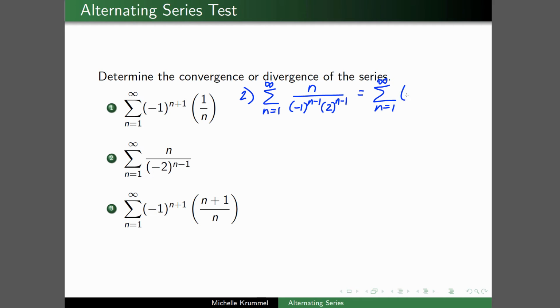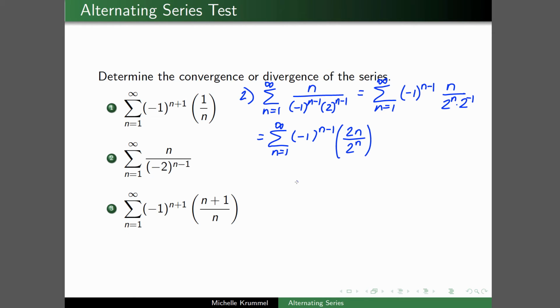And that's the same as -1 to the n minus 1 times n over 2 to the n times 2 to the -1, which is the same as -1 to the n minus 1 times 2n over 2 to the n. This is an alternating series. My a sub n is 2n divided by 2 to the n.